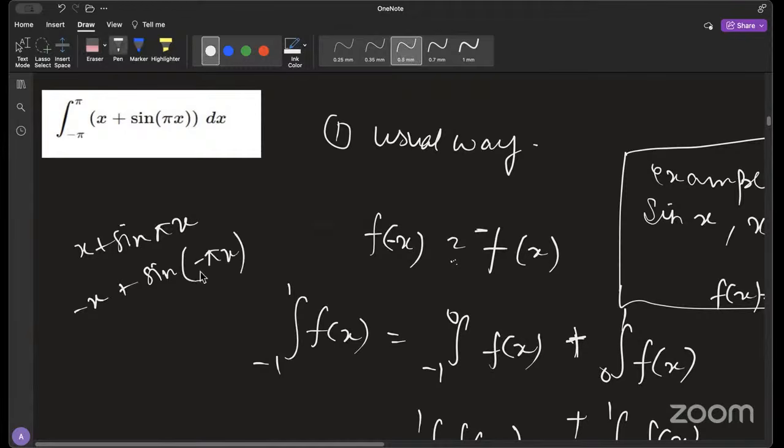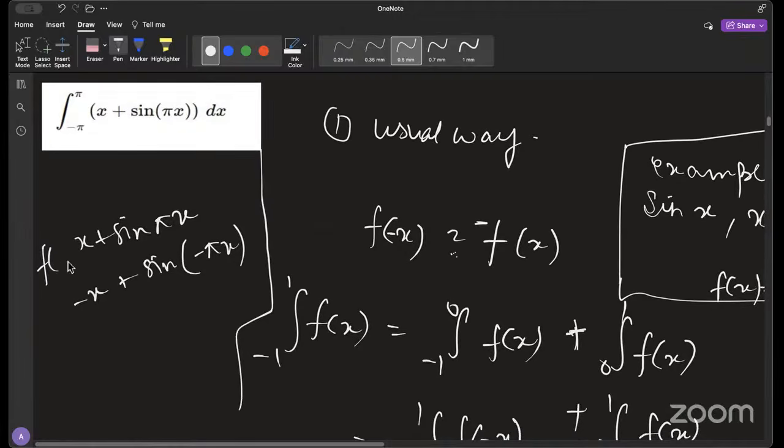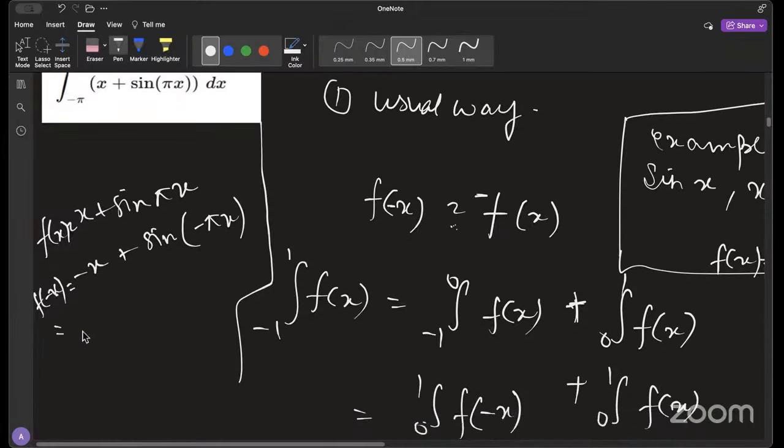If this is f(x), then your f of minus x is minus of x minus sine pi x, and this is just minus x plus sine pi x.